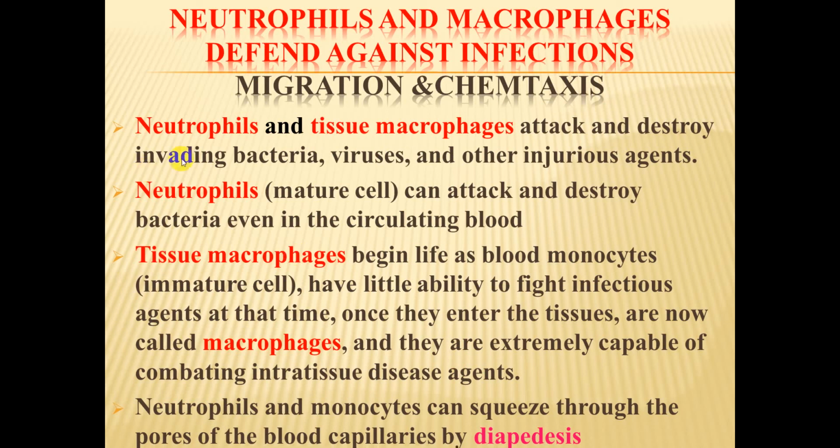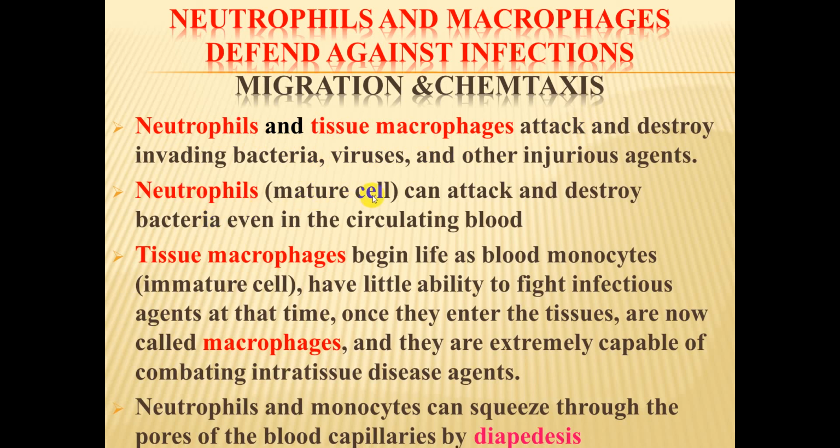The first line of defense mechanism in the blood is the neutrophil, and outside the blood it is the tissue macrophage. These are the first cells that respond to infection or inflammation. In the tissue it is the tissue macrophage and in the blood it is the neutrophils. Both of them attack and destroy invading bacteria, viruses, or any type of foreign bodies.